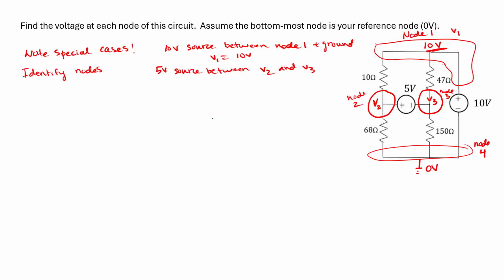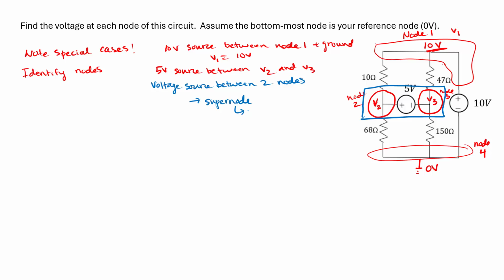You'll remember that if we have a voltage source between two nodes, we need to designate what's called a supernode. So we can treat this whole section, V2, V3, and our 5-volt source, as a supernode.